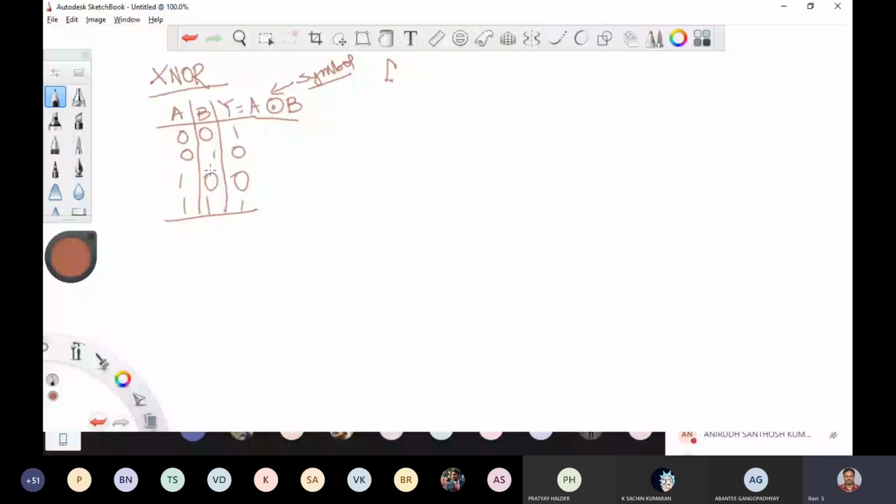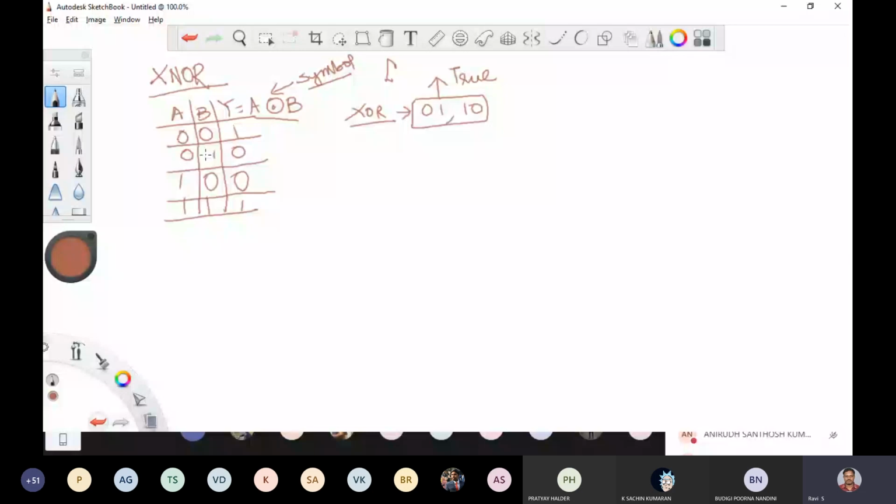Whenever different inputs come, XOR will tell you the output as true. Exclusive NOR is completely opposite of exclusive OR. Sir, we can directly take this as the complement of exclusive OR. Yes, you are right, that is what I want to tell. So this particular logic is the complement.